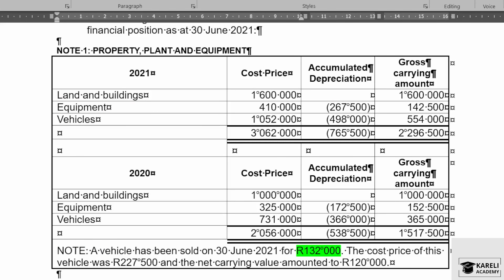We have 1,052,000, and we also have an additional one given here of 227, meaning this is the one that was sold. We must include that cost price, and then from that we must subtract the opening balance, this one of 731,100, meaning the same thing that we were doing.